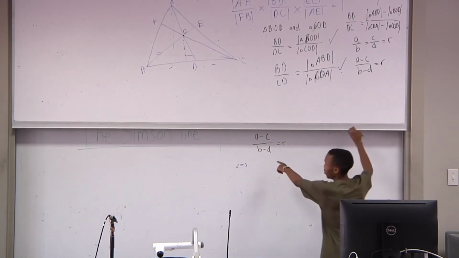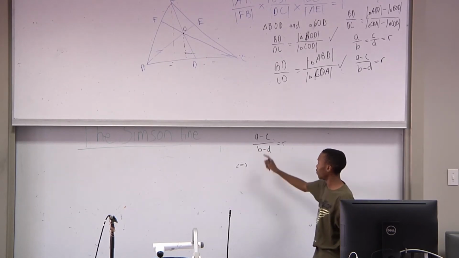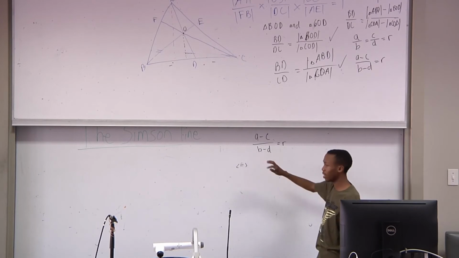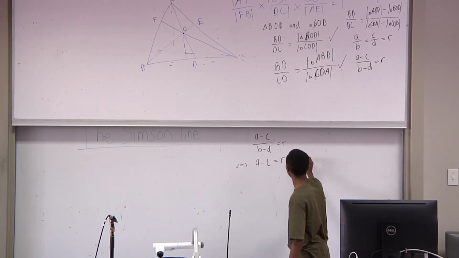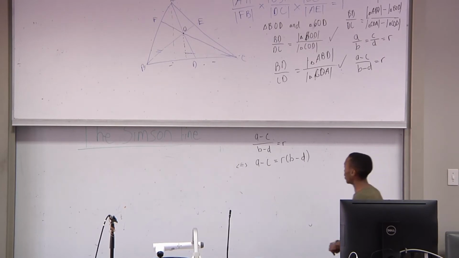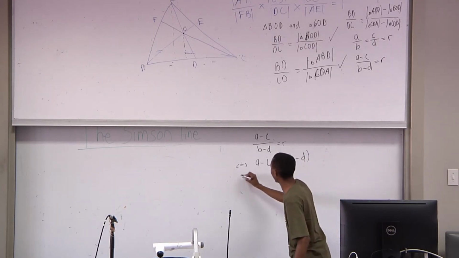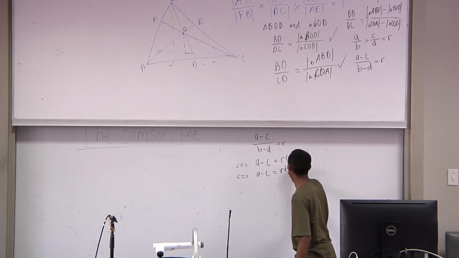So I was explaining that this means if and only if, meaning if that's true, that's also true, so they imply each other. Then A minus C would be equal to R times B minus D, which implies that A minus C is equal to RB minus RD.